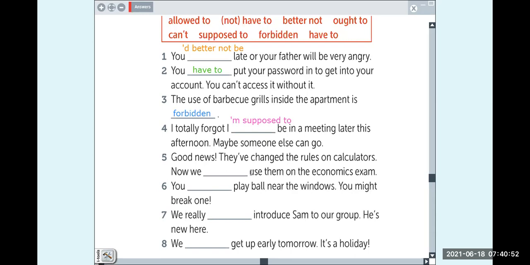And number 5, good news. They've changed the rules on calculators. Now we are allowed to use them on the economics exam. Yes, we are allowed to use them, right?